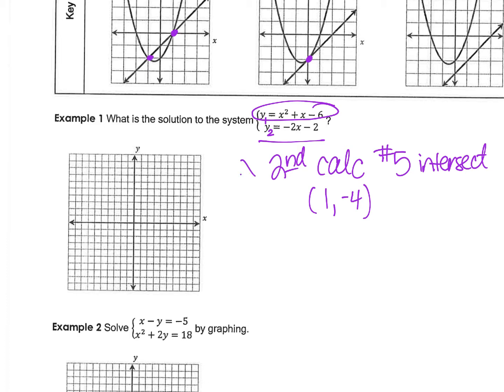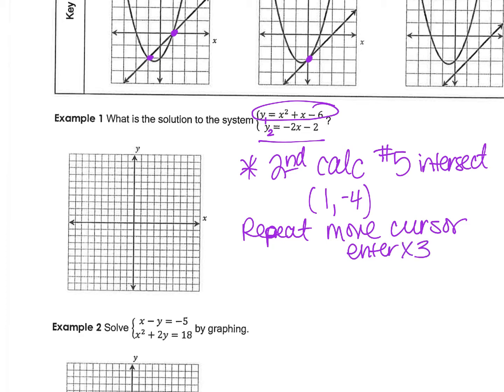Now you have to repeat those steps to find the other one. You'll have to move your cursor to the other intersection point before you press enter 3 times. When you do that, your other intersection point for this example should be -4, 6.